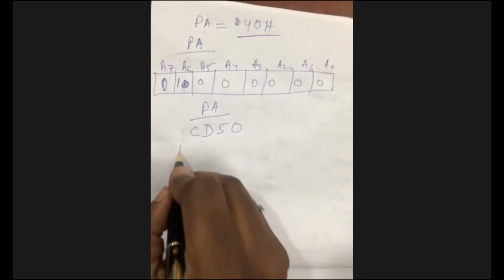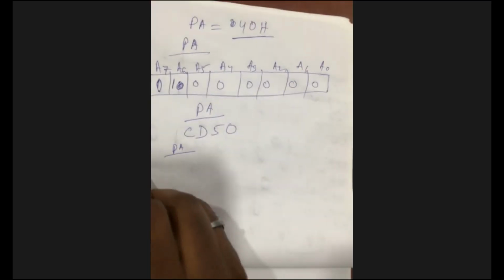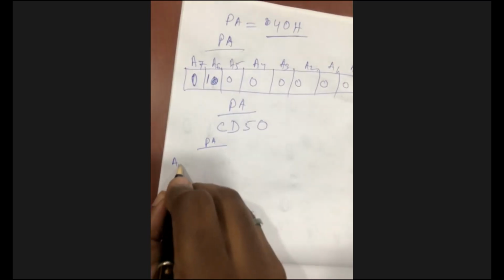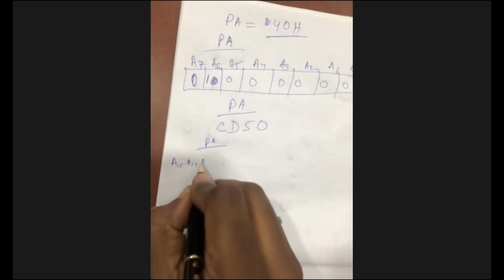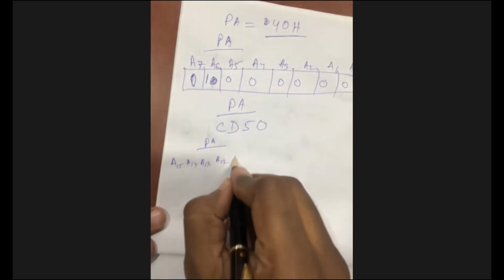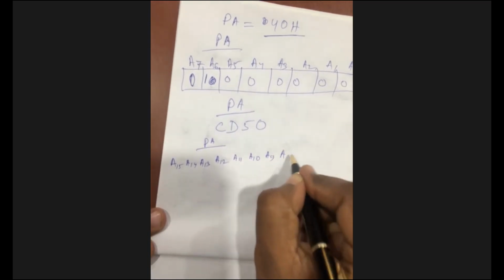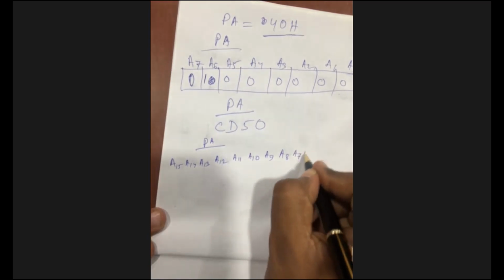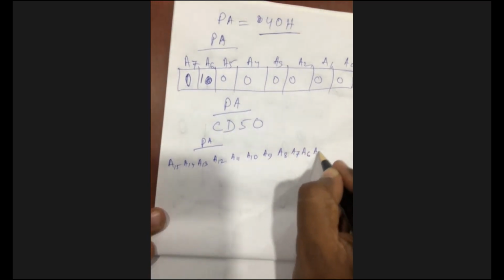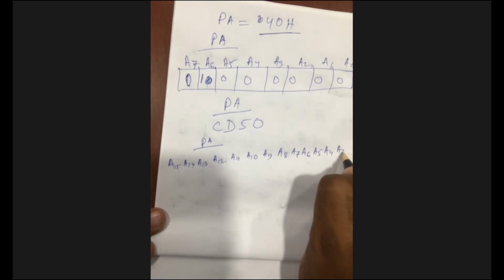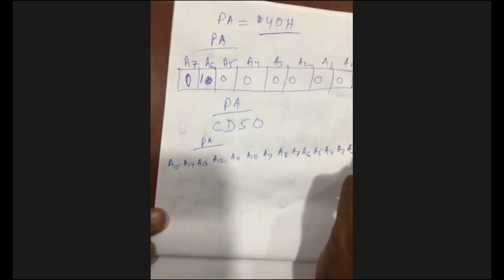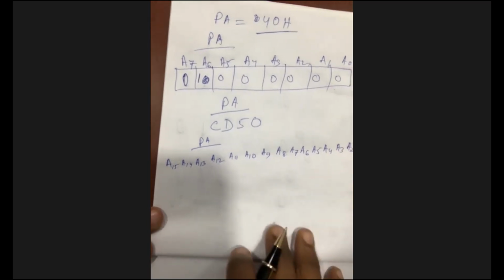First, you should write down the PA address: A15, A14, A13, 12, 11, 10, 9, 8, 7, 6, 5, 4, 3, 2, 1, 0.